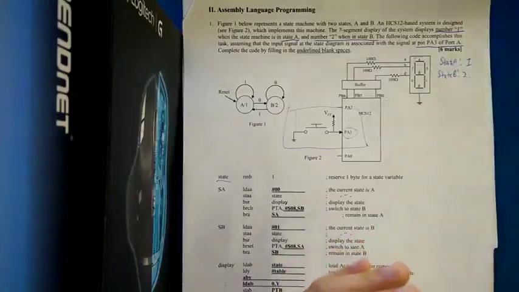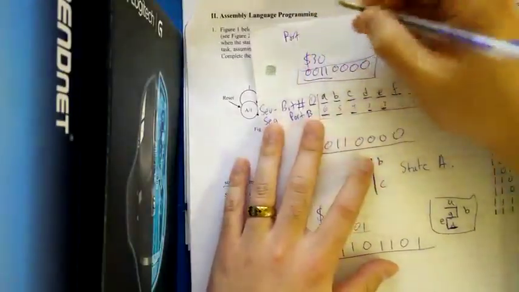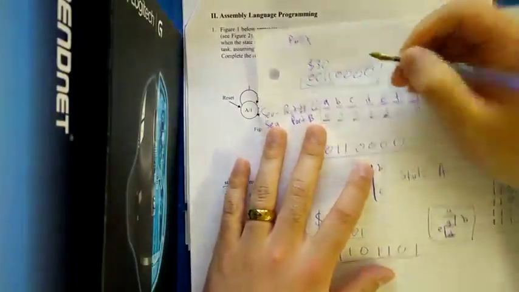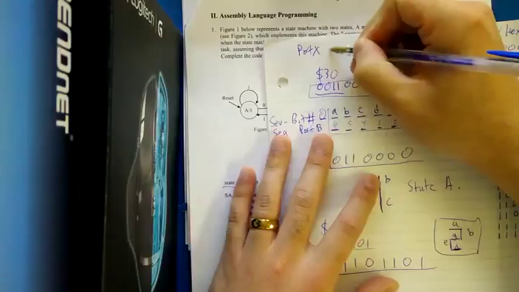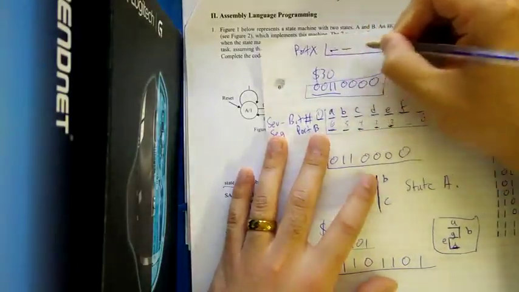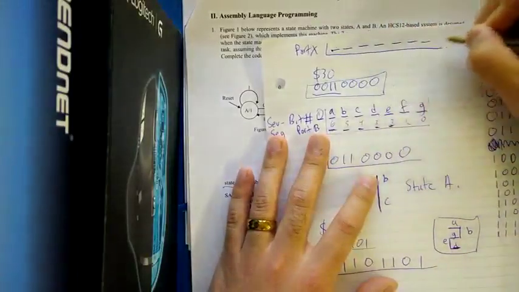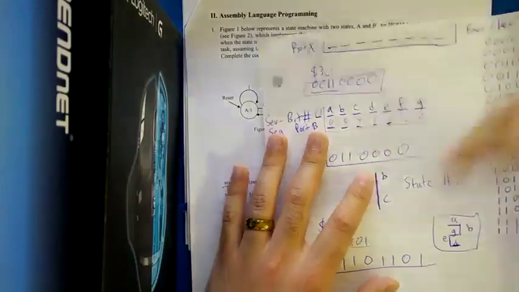On a port system, let's say port X has 8 bits, so 8 pins, which can be controlled by bits.